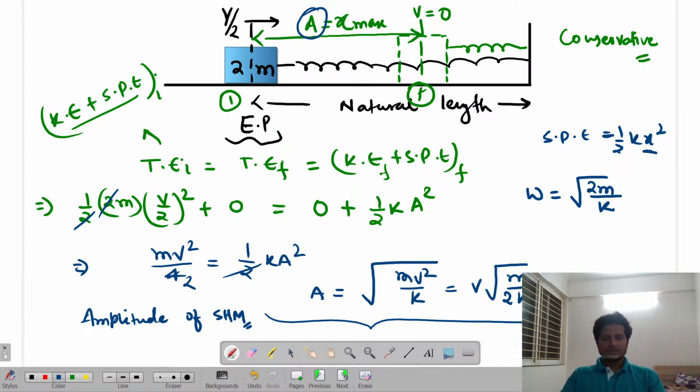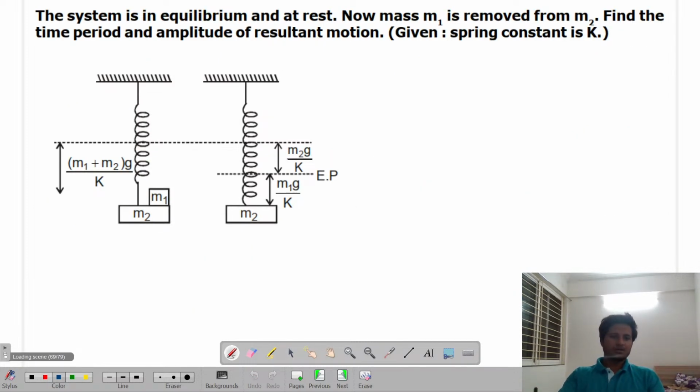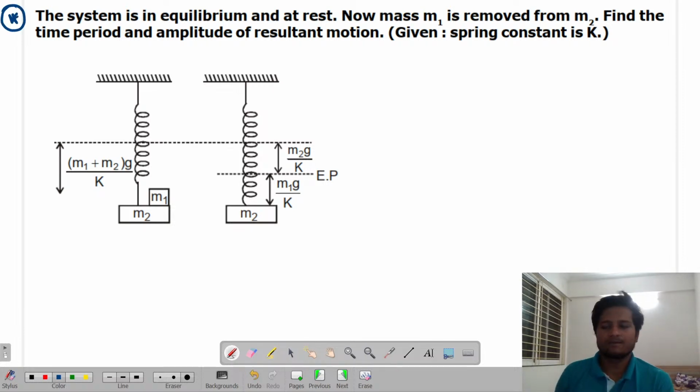Okay then. Let us just solve the next one. Try to do this. A system is in equilibrium in such a way and it is at rest. This is my initial system.